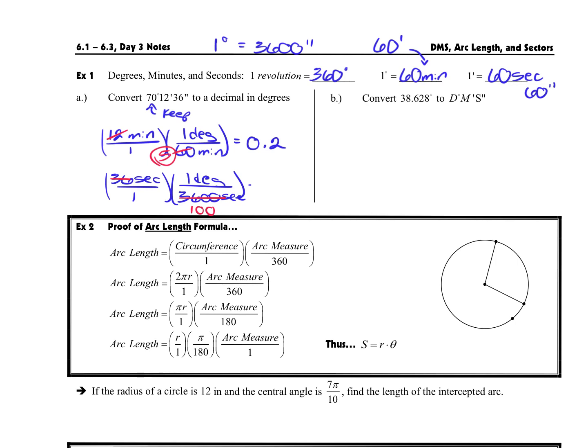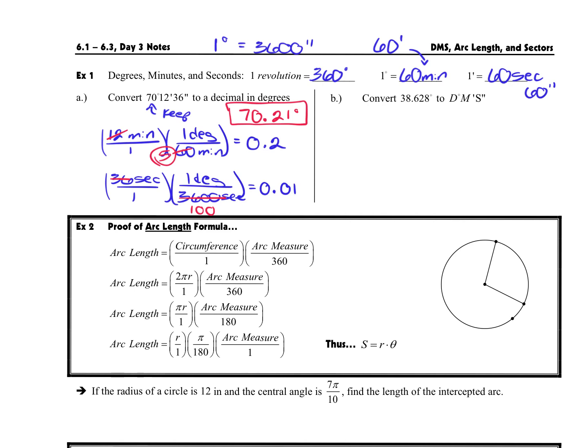We could write that as a decimal without using a calculator, which would be 0.01. And then we're just going to add all of these values together, our 70 degrees, our 0.2, our 0.01, and that will get us a final answer of 70.21 degrees. Now, most of the time, you're probably going to need a calculator for these, especially if the numbers didn't work out quite so nicely.